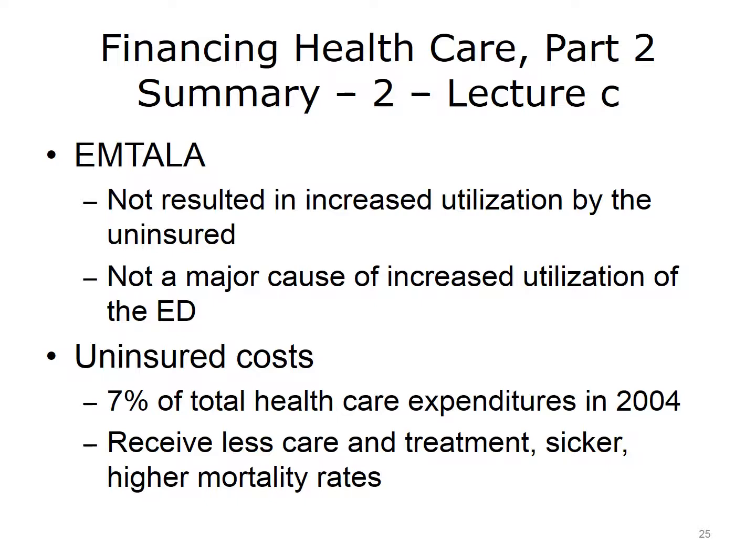In general, the uninsured receive less care and treatment for chronic disease and acute illness, are sicker when they seek care, and have a higher mortality rate. The challenge of the healthcare delivery system is to reduce or slow costs, maintain quality of care, and improve outcomes and accessibility to care.